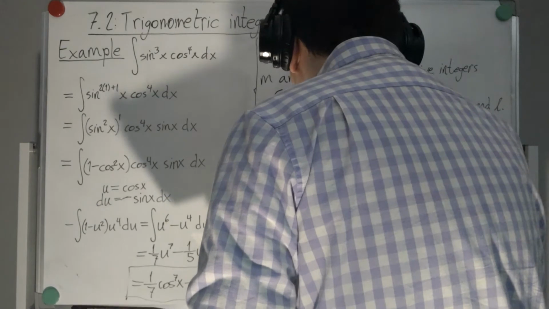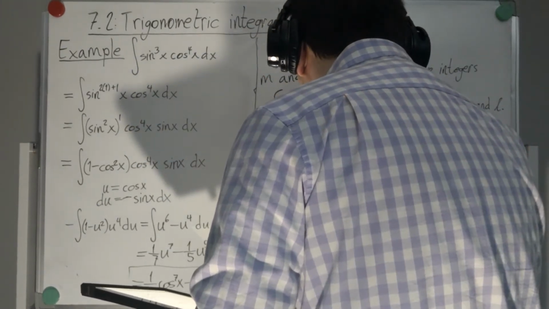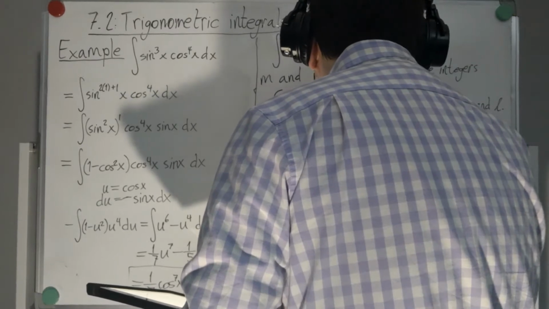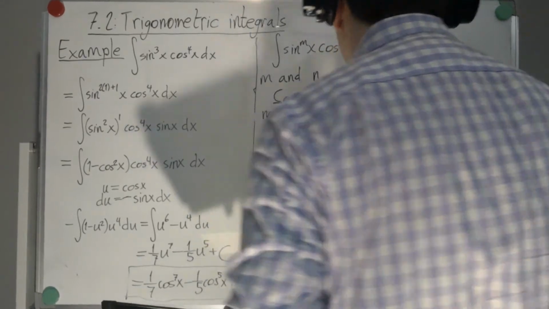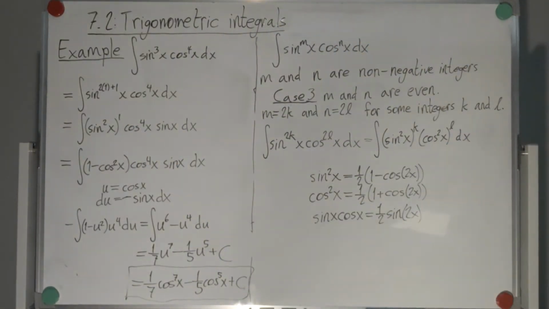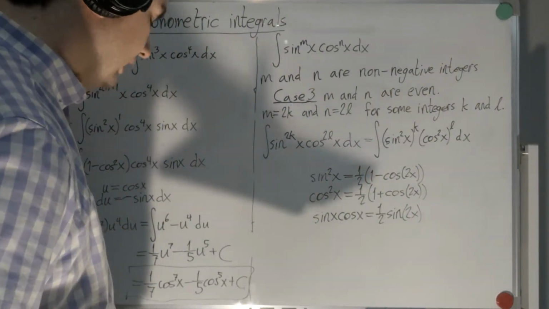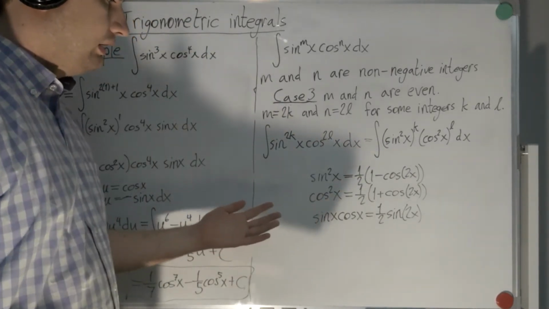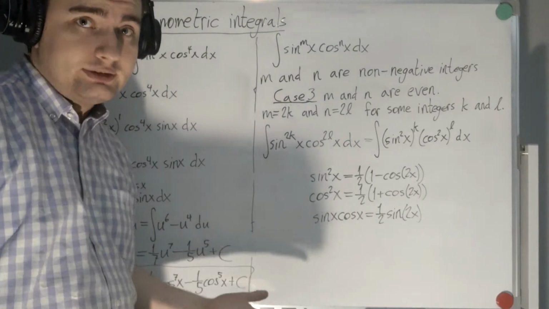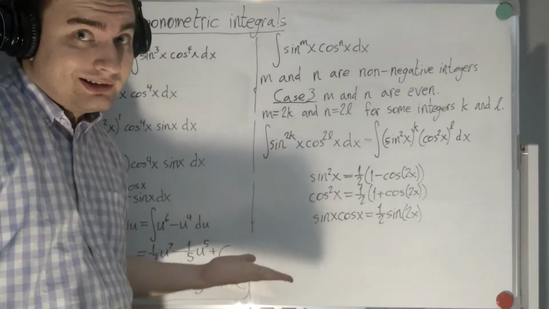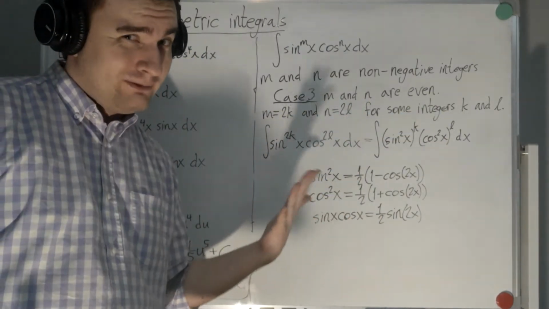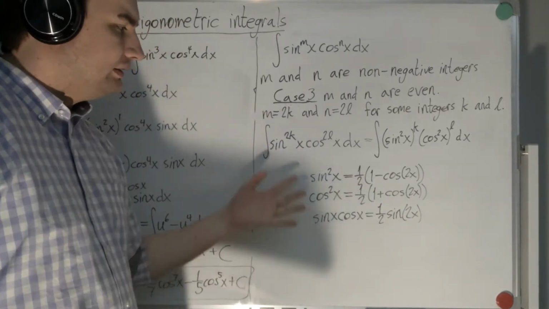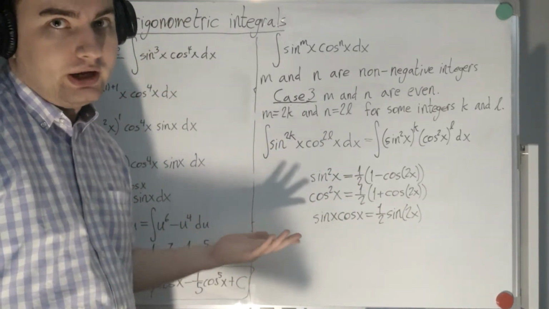And perhaps it is the fact that sine x cosine x can be understood as 1/2 sine of 2x. Okay. So now, the solution is not as clear-cut as it was in the previous cases, because it just might depend. And also, depending on how large k and l are, this could go on for a long time. But at least these are some things that we can use if we get stuck.